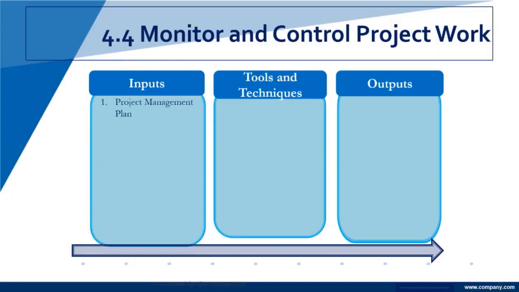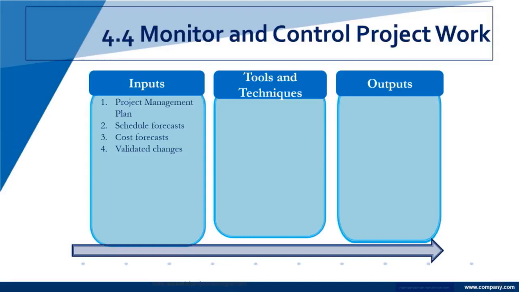Our next process we'll talk about is the monitor and control of project work. Here we have inputs from the project management plan, our schedule forecasts. We haven't talked about those yet, but we use them when we're monitoring and controlling the project work. Our cost forecasts, again, we haven't talked about those in detail, but it makes sense.